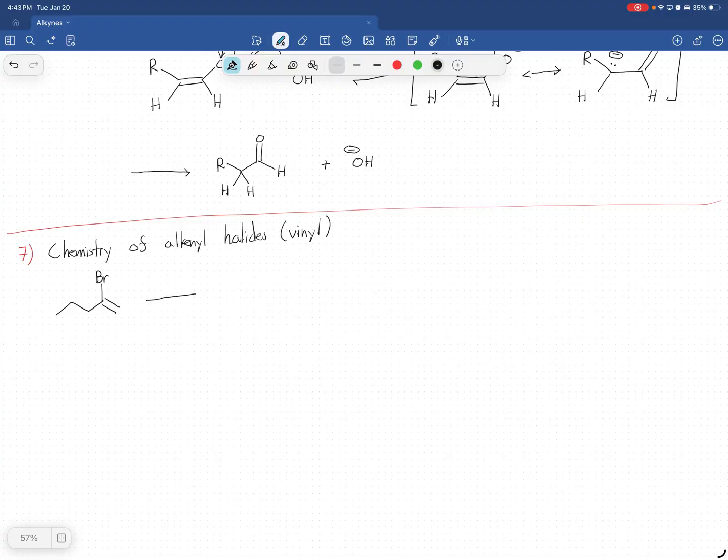The one thing these molecules do not do is participate in SN1 or SN2 reactions. That's because there's no room for backside attack for SN2, and there's no way the carbocation can be stabilized. So no SN1 or SN2 reaction.